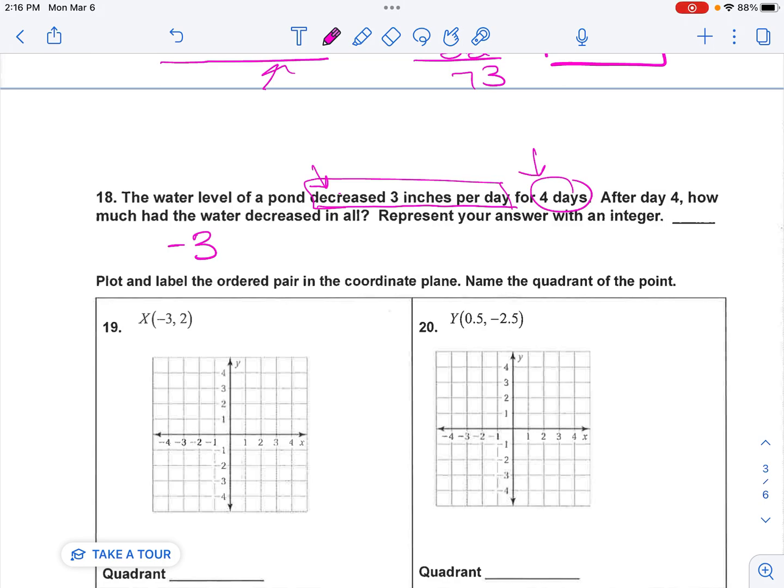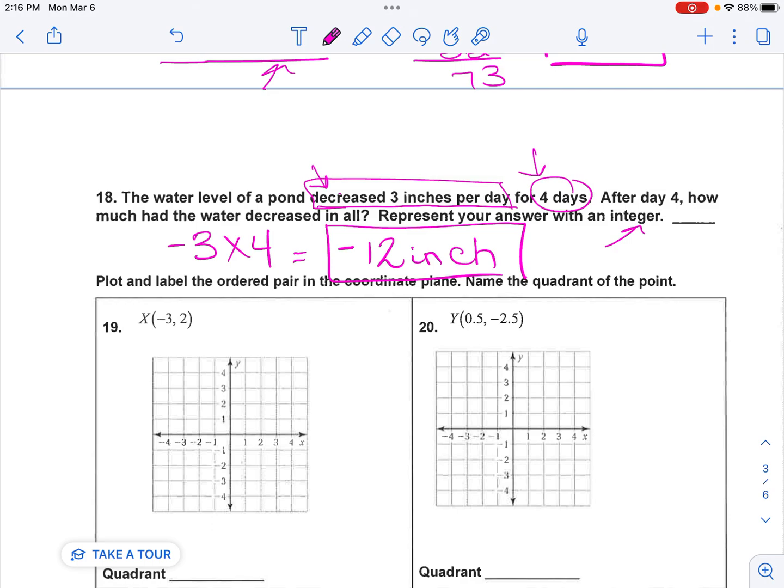It goes down 3 inches every single day for 4 days. So -3 times 4 would be a -12. So on the 4th day, it has gone down 12 inches. We're going to represent it as an integer, so it's -12.